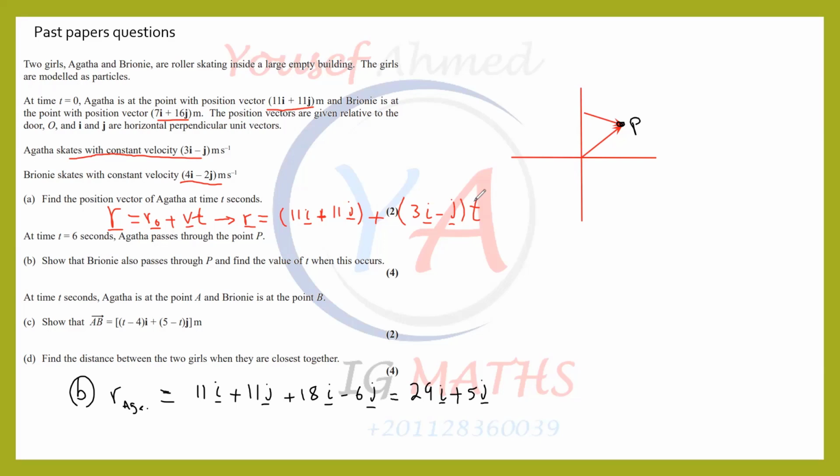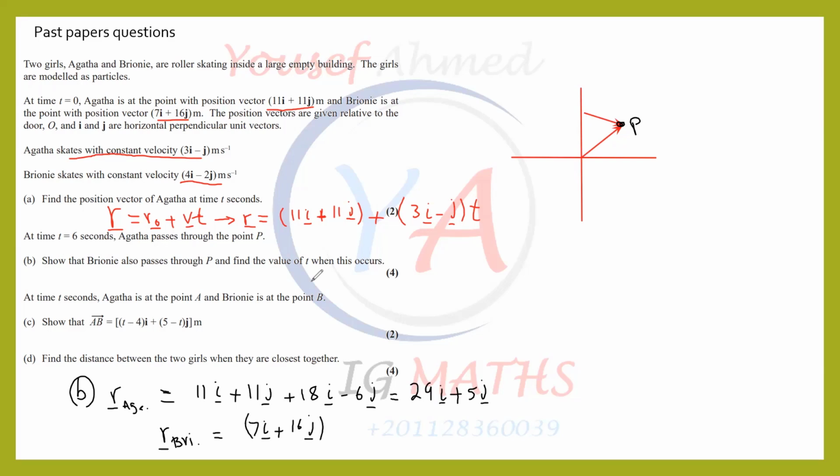And this is the position vector for Agatha. Now we need to know after how much time Biruni will be there. So let's get the position vector for Biruni first, and then we'll work on this. The position vector for Biruni starts with 7i plus 16j as r node.